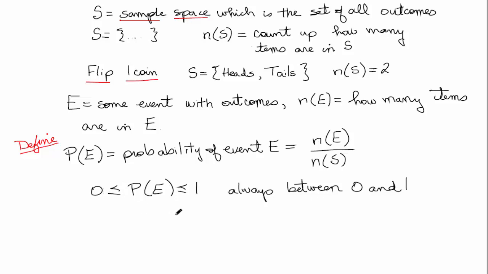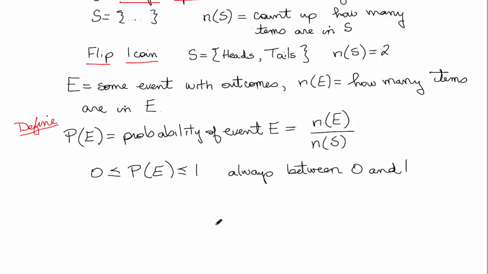So the probability of an event is always a number between 0 and 1, 1 essentially being a 100% chance. Okay, so we can't have any negative numbers and can't have any numbers bigger than 1.